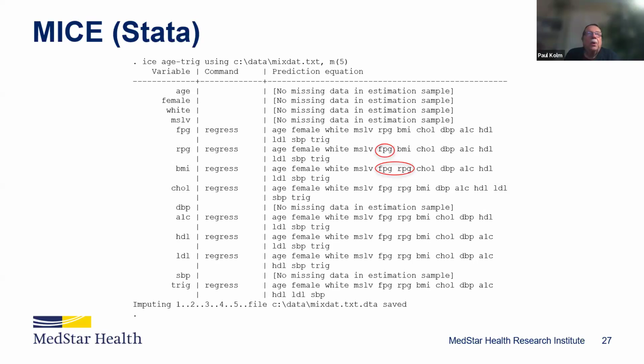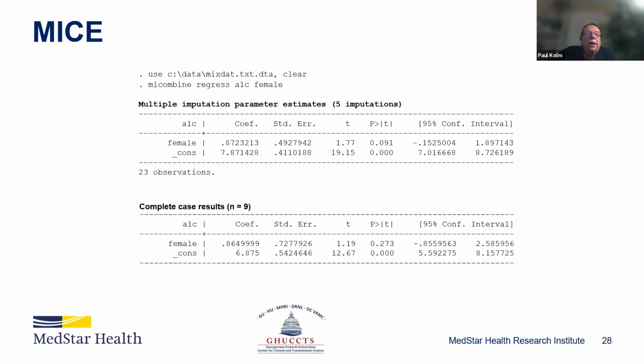And so in the regression that we wanted to look at, this is just one example here of looking at A1C as a function of gender. And so we do 5 imputations, and we get the regression coefficient and all the other statistics related to that, the constant.